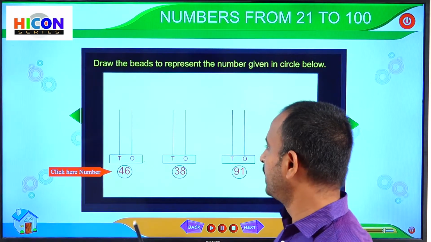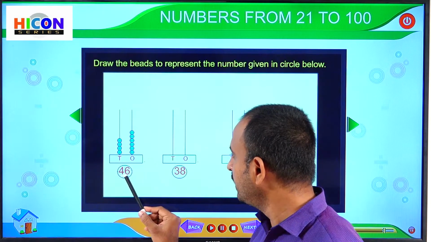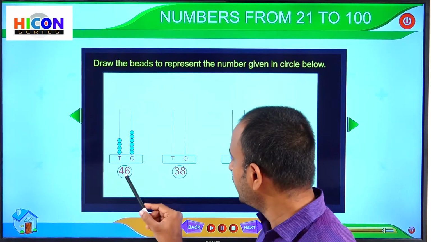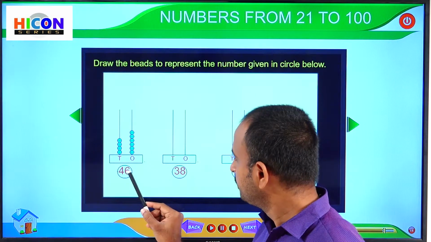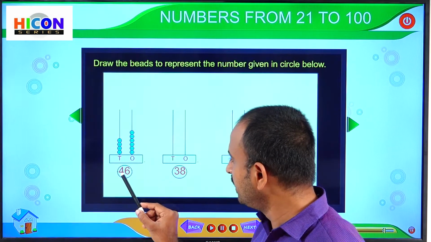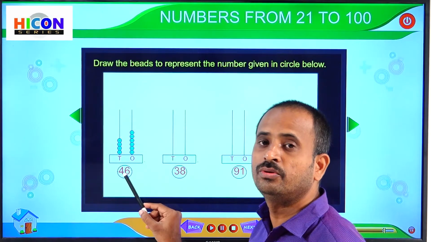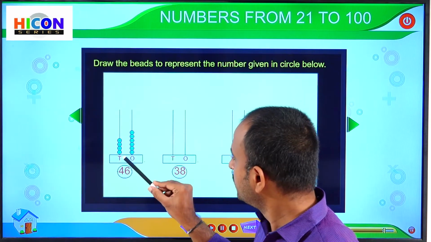See the first number here. What is the first number given here? This number is 46. That means 4 is present in tens place and 6 is present in ones place. So 4 is present in tens place, that means we have to draw 4 beads on the tens spike. This is the tens spike.